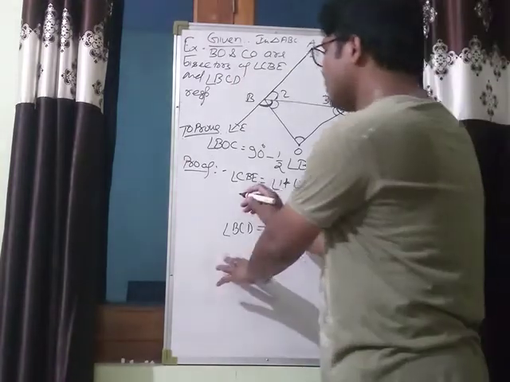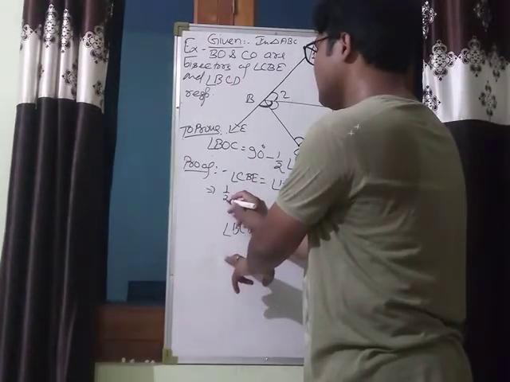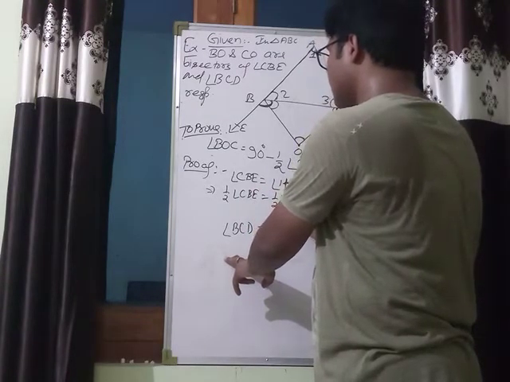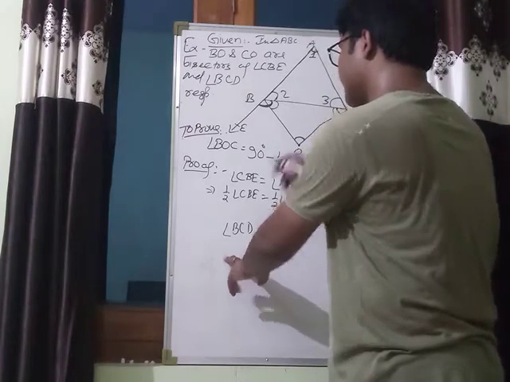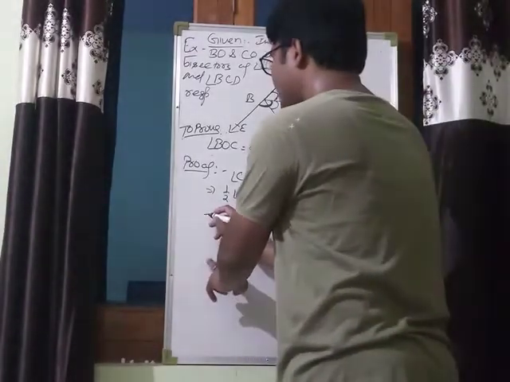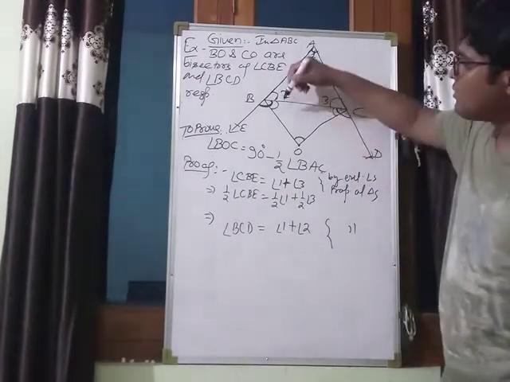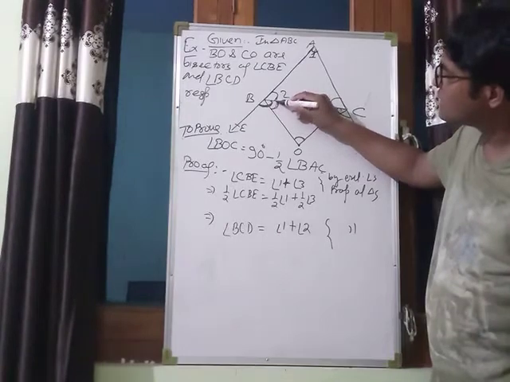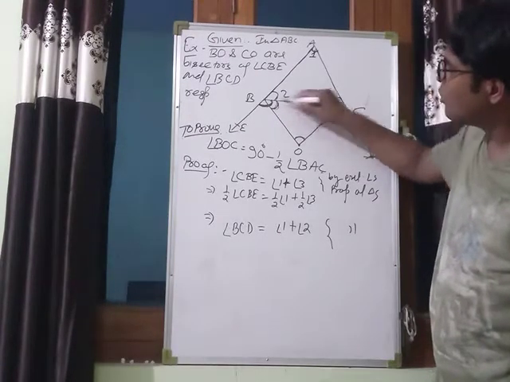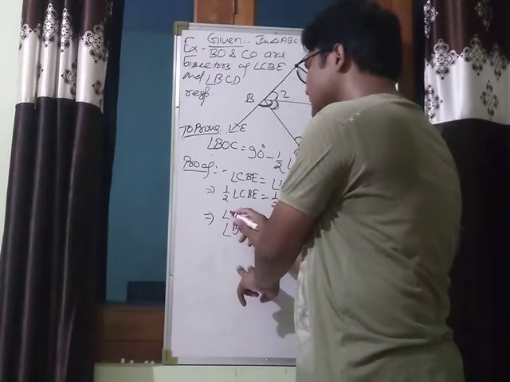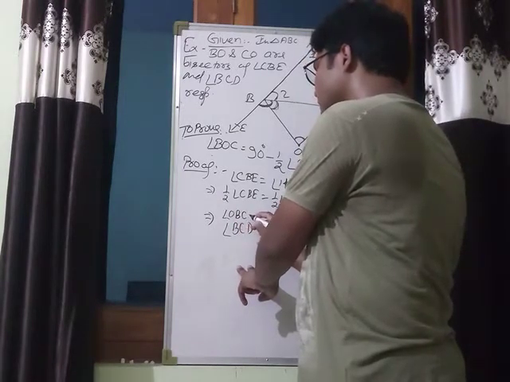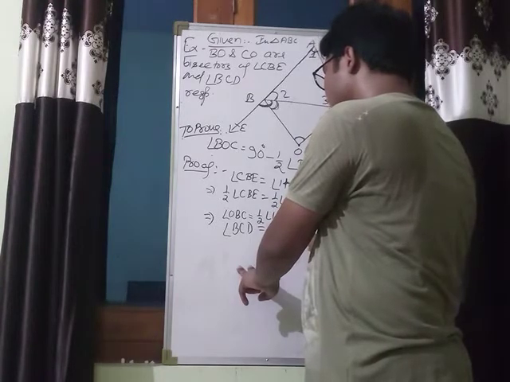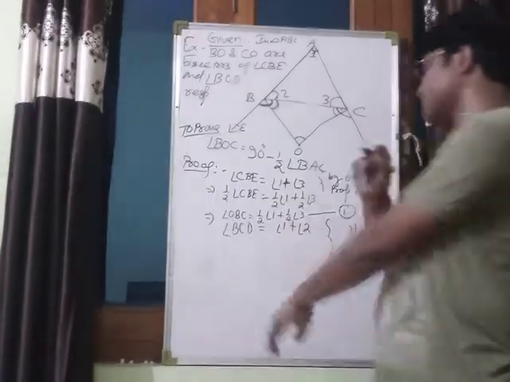So what will be half of angle CBE? That is half of angle 1 plus half of angle 3. Half of angle CBE is OBC. So angle OBC is equal to half of angle 1 plus half of angle 3. That is the first.